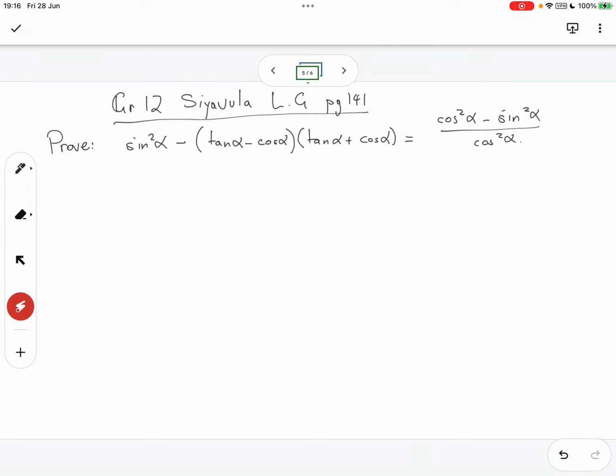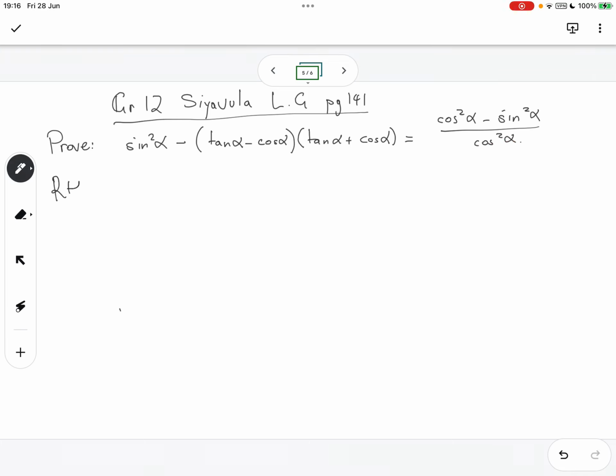So right off the bat, it doesn't really look like these two could be the same thing. But we have to prove that. So we have to manipulate one side or the other. In the learning guide, they give us the privilege of proving that the left-hand side equals the right-hand side. Now, I would like us to prove that the right-hand side equals the left-hand side.